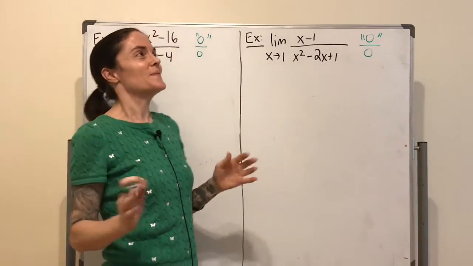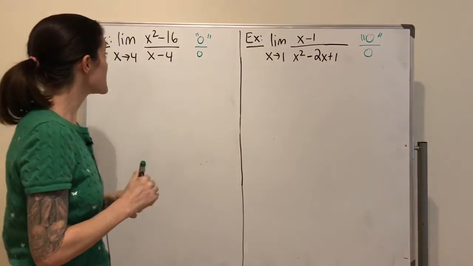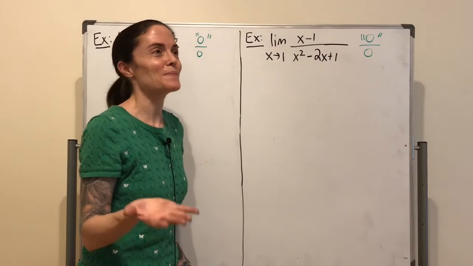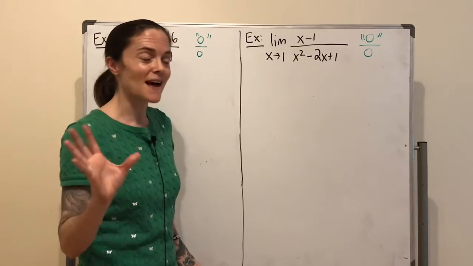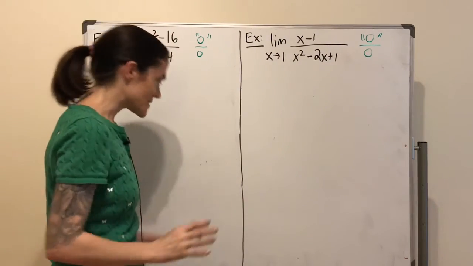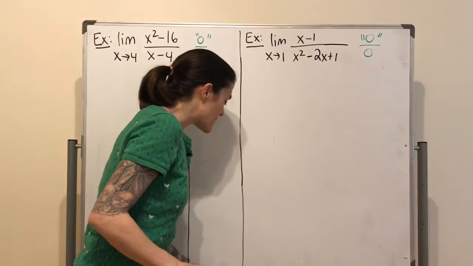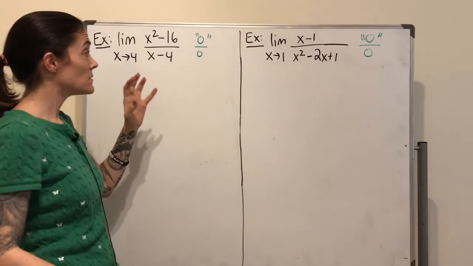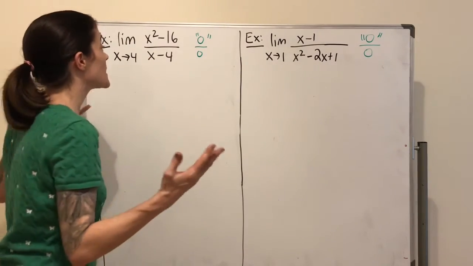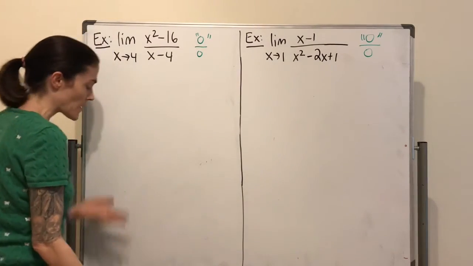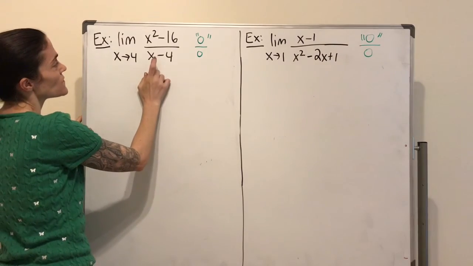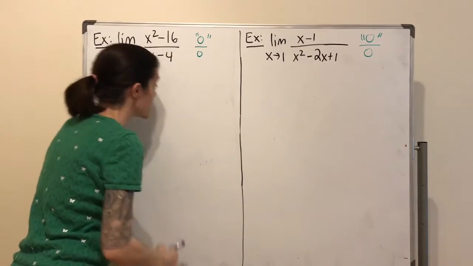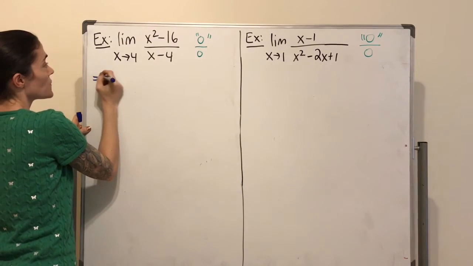If you try to evaluate and you get 0 over 0, this tells you you need to do something, okay? And we will learn, well, later in the semester, we will learn a beautiful technique called L'Hopital's rule, where we can address limits where we have something indeterminate. But these, you can use algebra. Okay, what are we going to do here? Well, let's factor and then try to reevaluate the limit. So here, we'll do this one first.